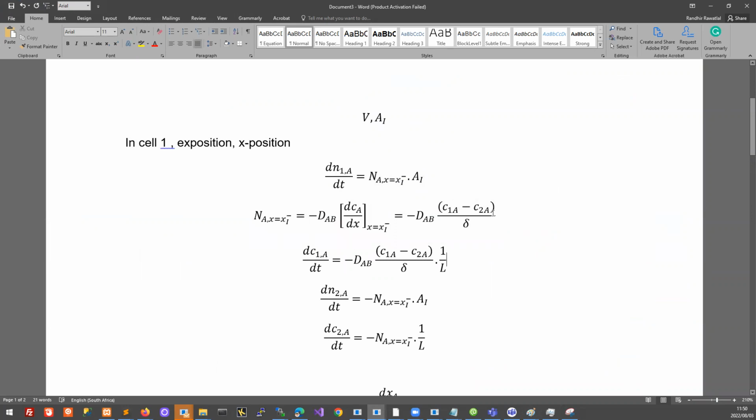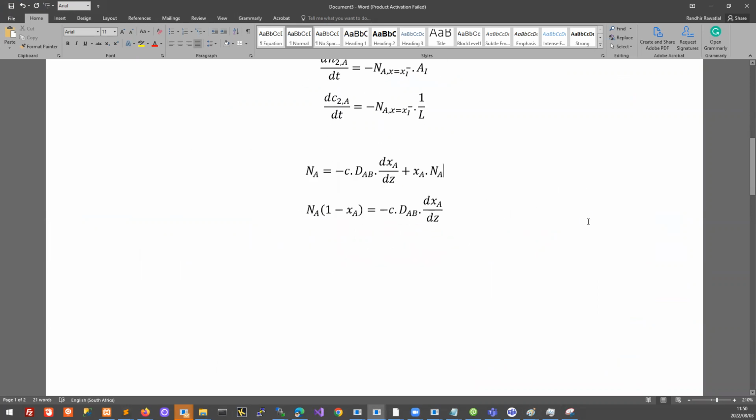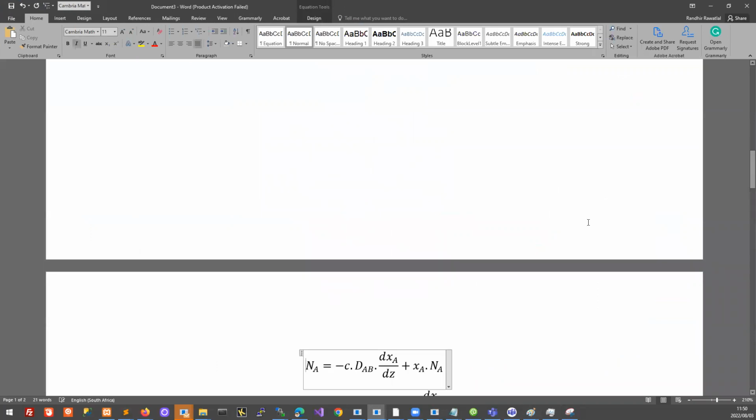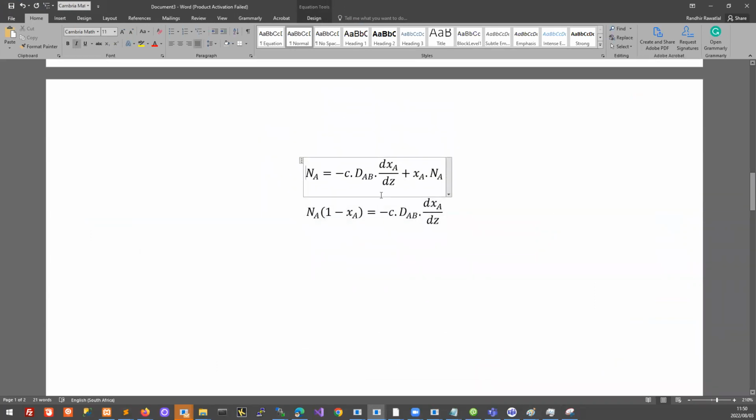Let's just keep this on one page. So we want to solve this equation. And what concerns us is that we've got all these different quantities and we've got a differential equation, d/dz.